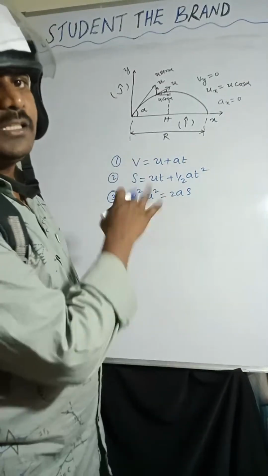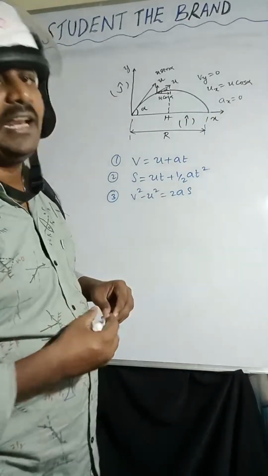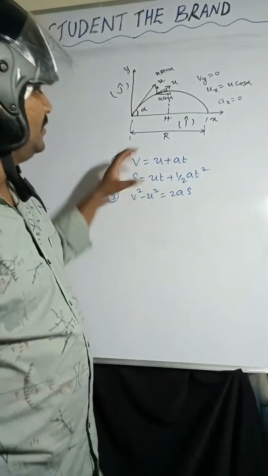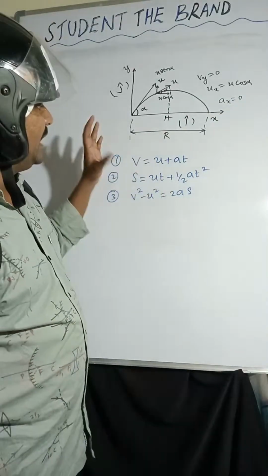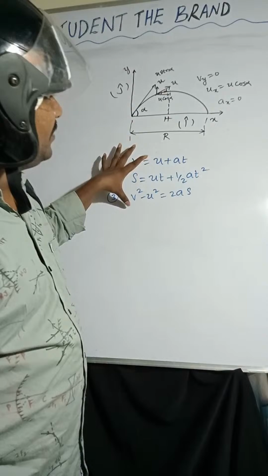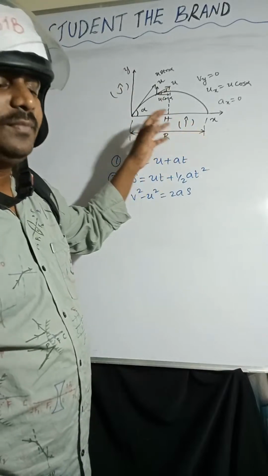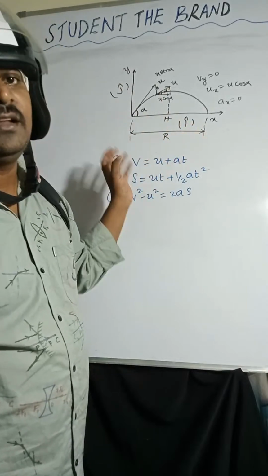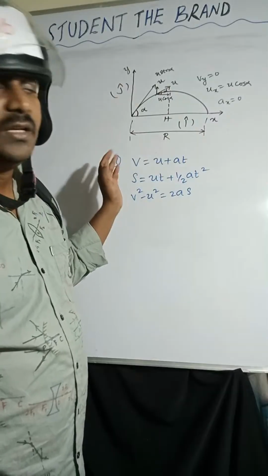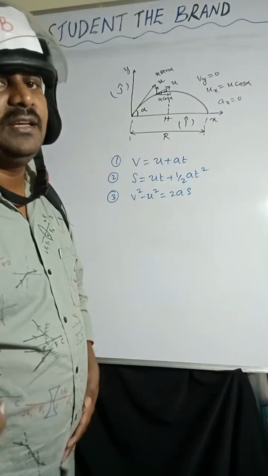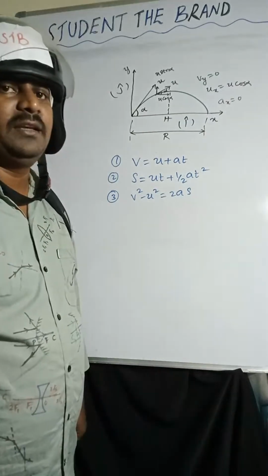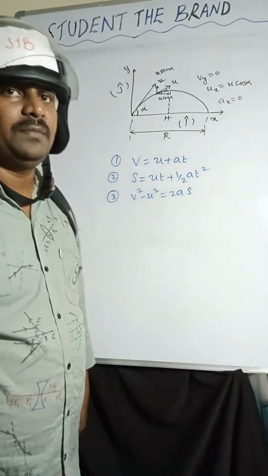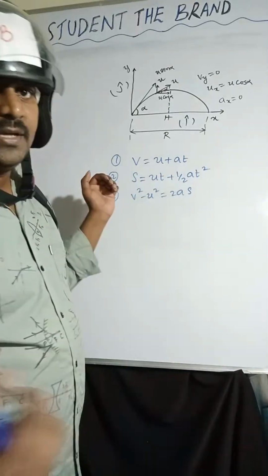I already explained and derived these equations, from the graphical method and also from the integration method. So go and check in the playlist, light reflection refraction, or scalars and vectors; if you type it you will also get it in my channel.